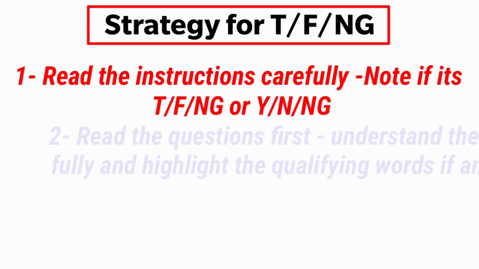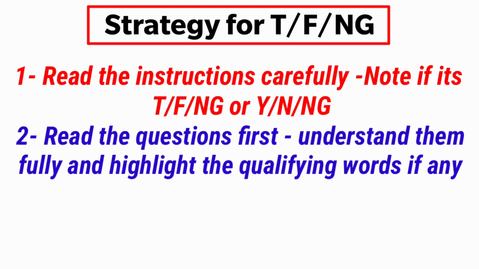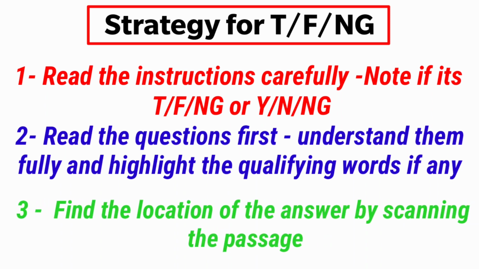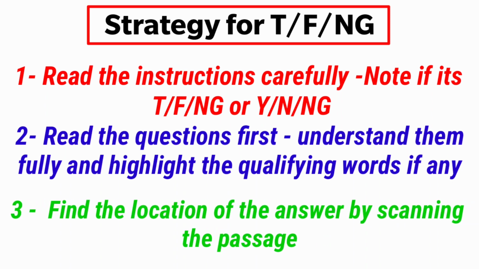Second point is, read all the questions first, or at least 2 at a time. Understand them and highlight the qualifying word if any. Third point is, find the location by scanning the passage.